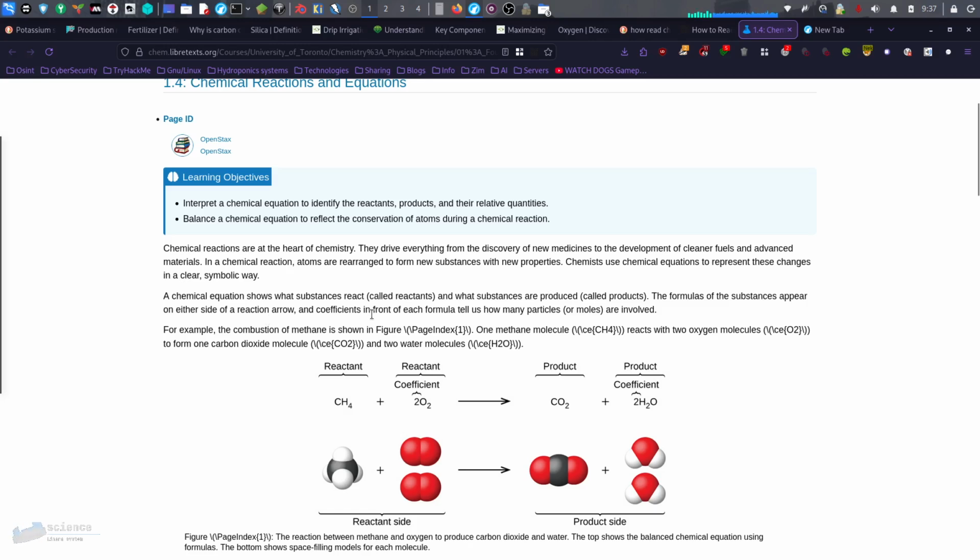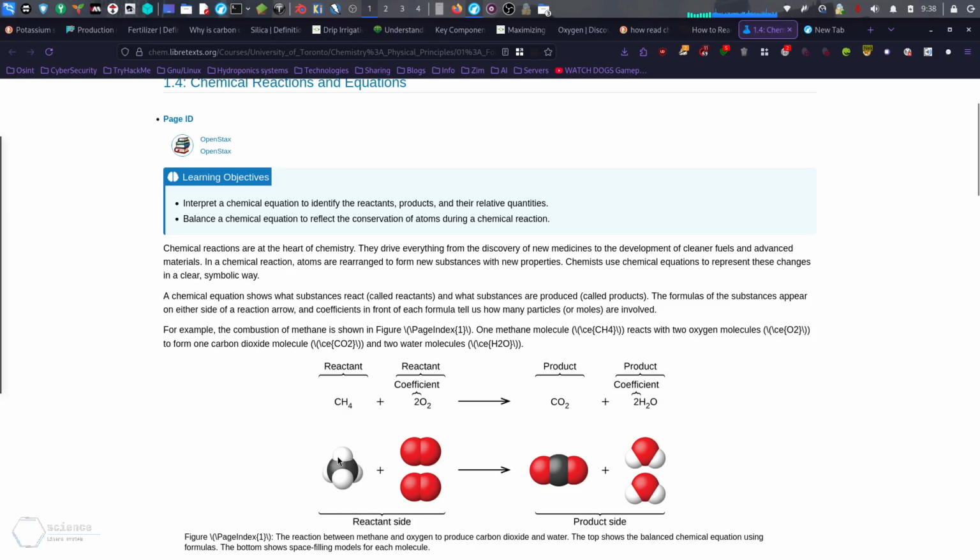And coefficients in front of each formula tell us how many particles or moles are involved. Moles, or how many molecules we have. A unit to measure molecules, I think, but that can be not true. For example, the combustion of methane is shown in figure 1.